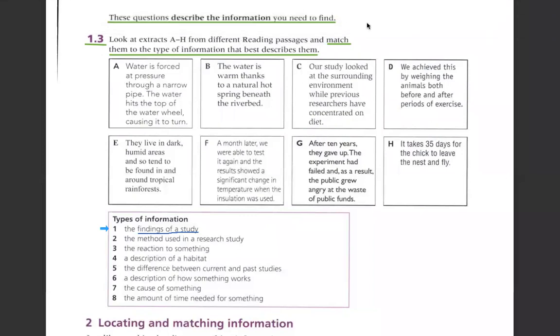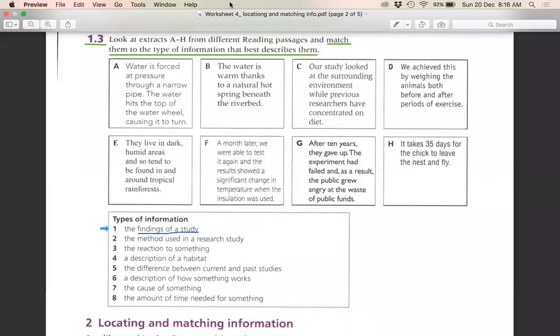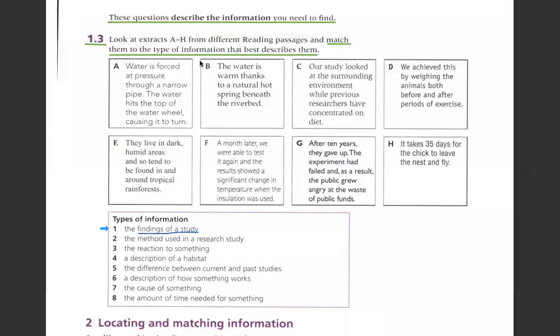All right, we're just going to do number 1 together. Right, so what you can do is quickly look for any synonyms of the word findings, and that may help you to choose your answer.